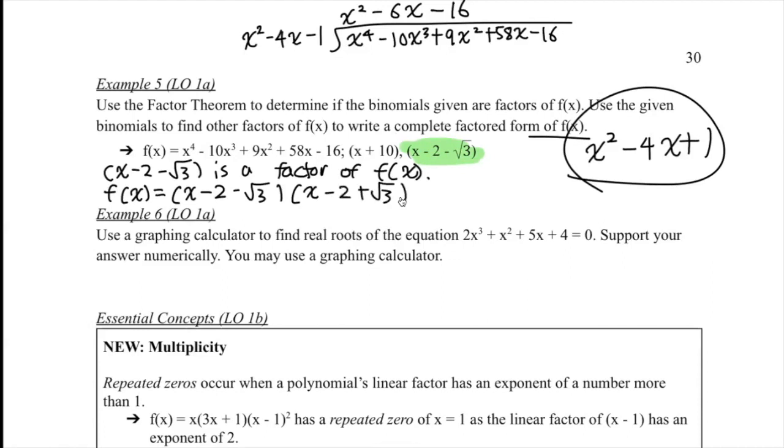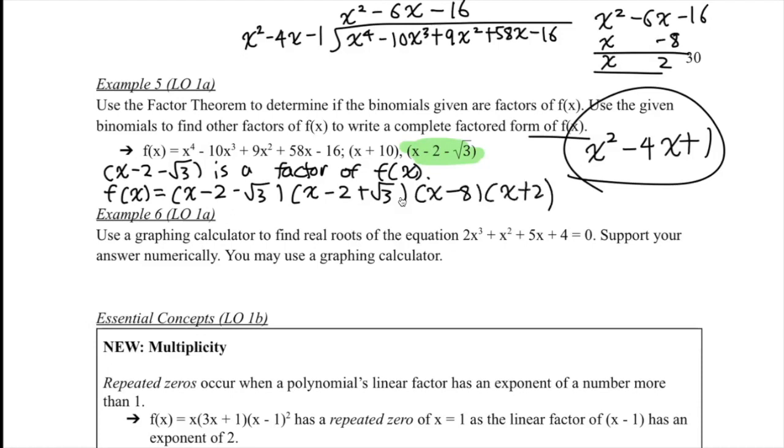And then if we were to factorize this, that would be x minus 8, x plus 2. So that would be our correct answer. By doing this kind of complicated procedure with all the long division, we finally obtained that f of x can be rewritten into factored form like that.